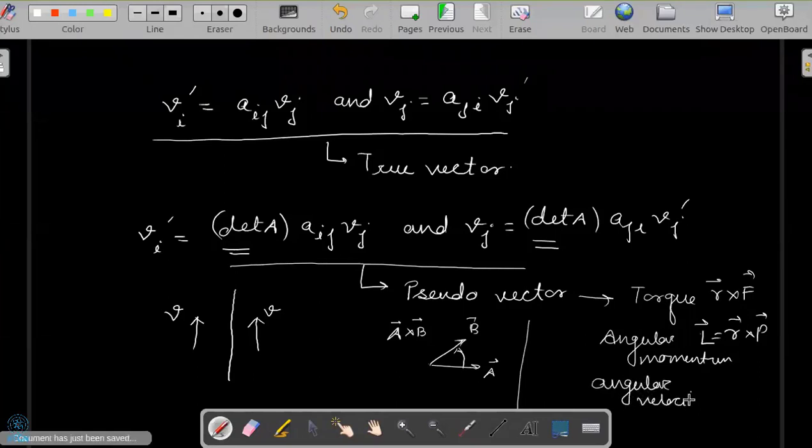In a reflection, its direction will get changed, and that's why this minus term will come. These are also termed as pseudo vectors because they do not satisfy the transformation rule we have established. Though they follow vector addition and everything, in the transformation rule they fail, and this is the reason the term pseudo is being used. Remaining operations we can do using vector algebra. Okay. Any questions so far?